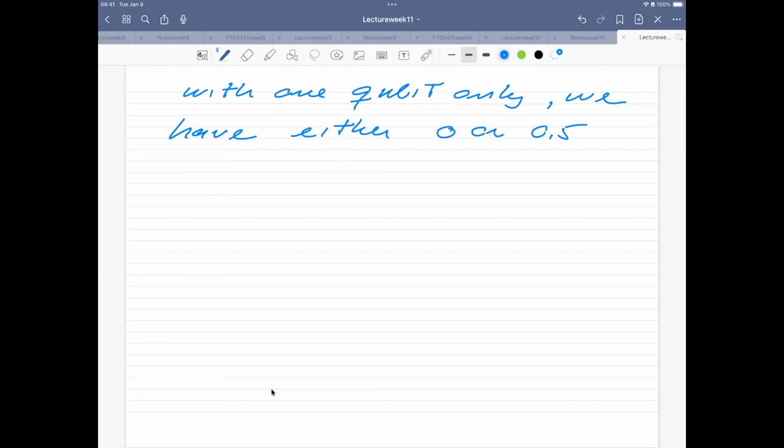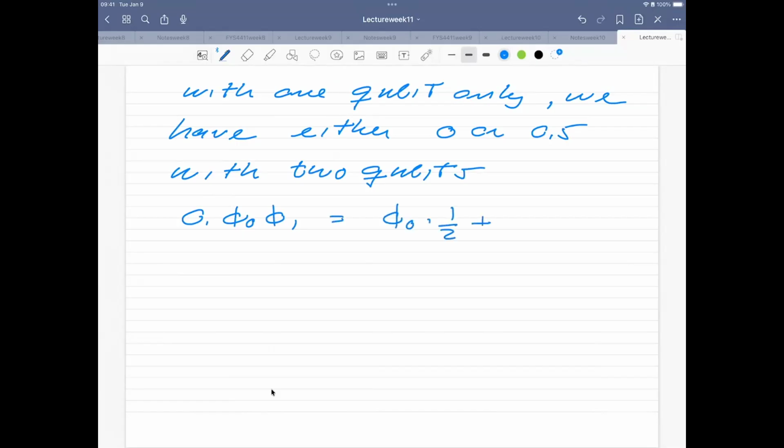So if you choose two qubits, then what we would have is phi 0 and phi 1, which translates into phi 0 times 1/2 plus phi 1 times 1 divided by 4.